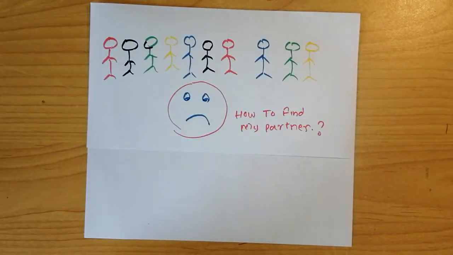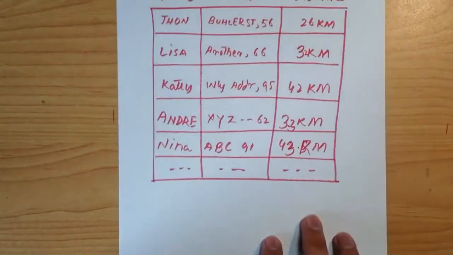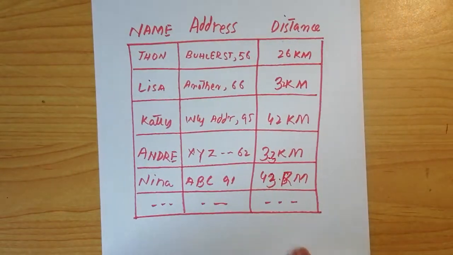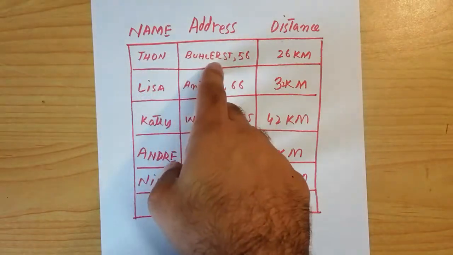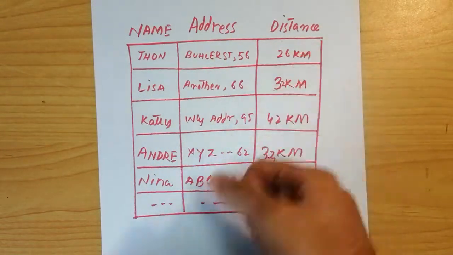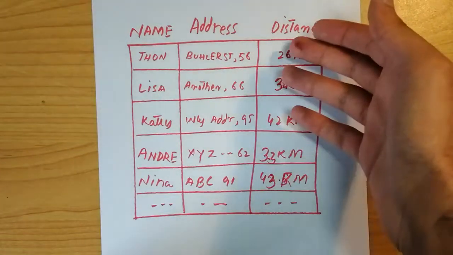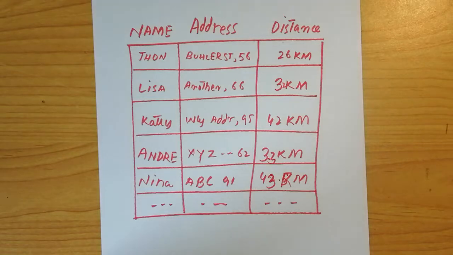So they got a list of attendees in the class, and it looks something like this. We have the name of the person, then the address, and the distance in kilometers, right? Now this doesn't make sense right now, but it will in a moment.